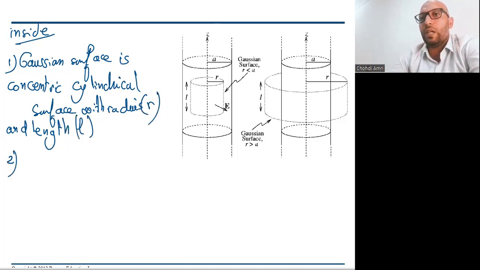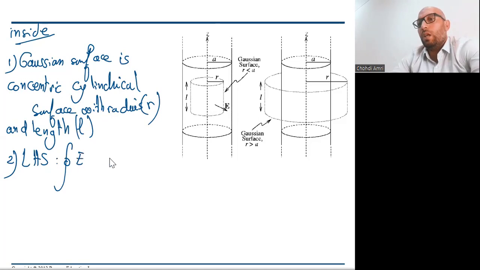This is the first step. The second step, the left-hand side. The left-hand side said what? The integral of E dA.